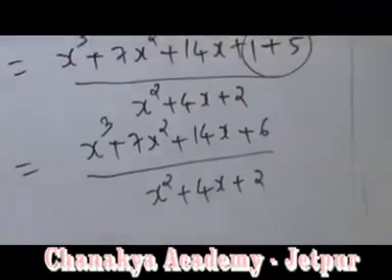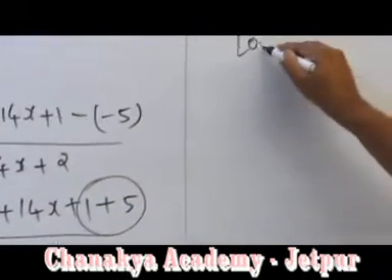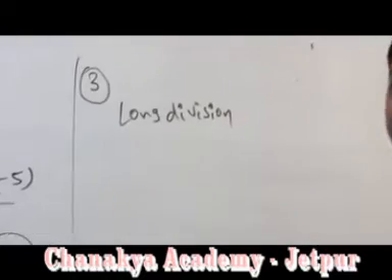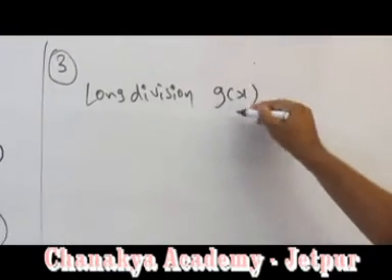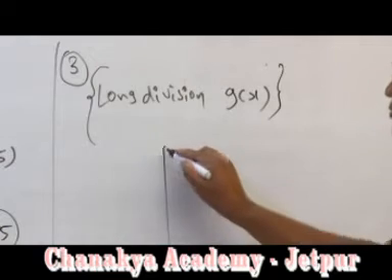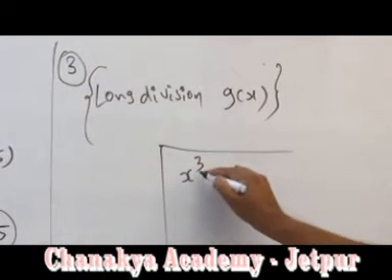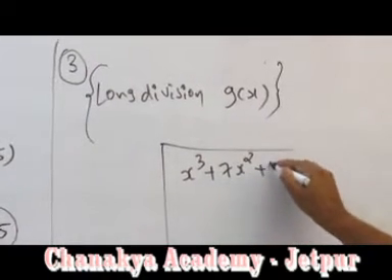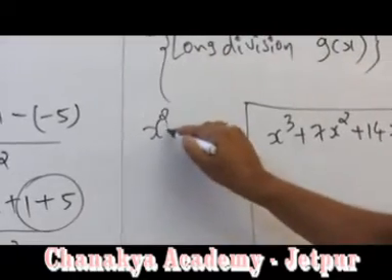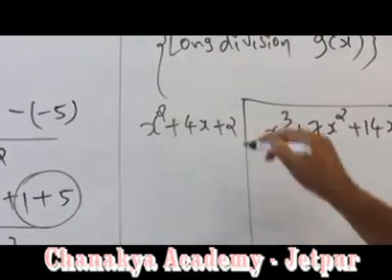Okay, our last step is to perform long division in order to find g of x. x cube plus 7x square plus 14x plus 6 divided by x square plus 4x plus 2.